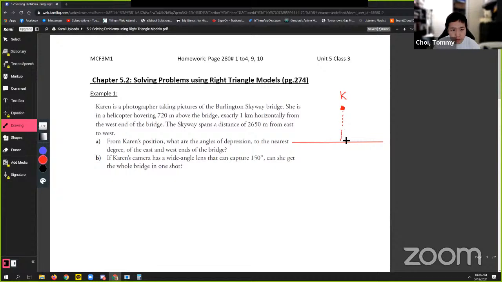Here it says she is 720 meters above the bridge. If this is the west end of the bridge and this is the east end, this section here is 1 kilometer.